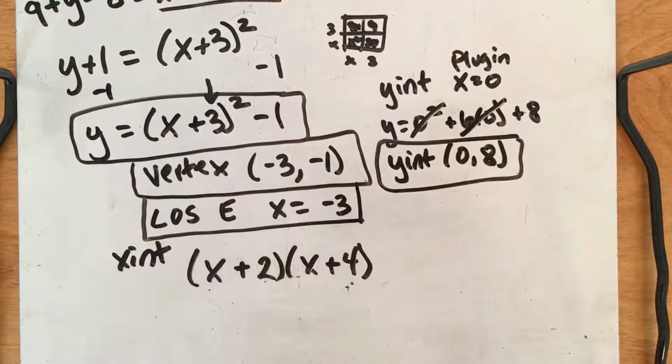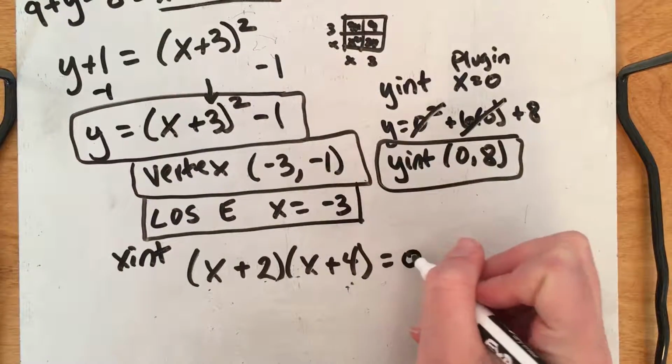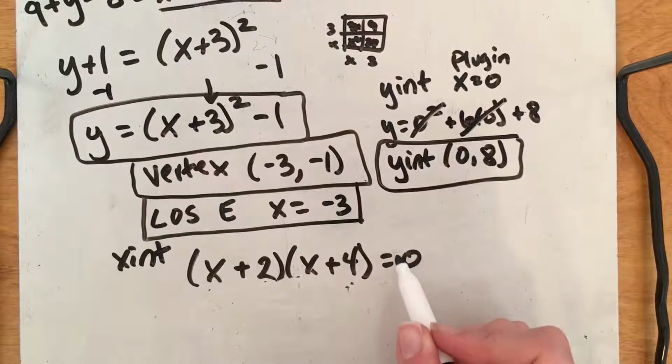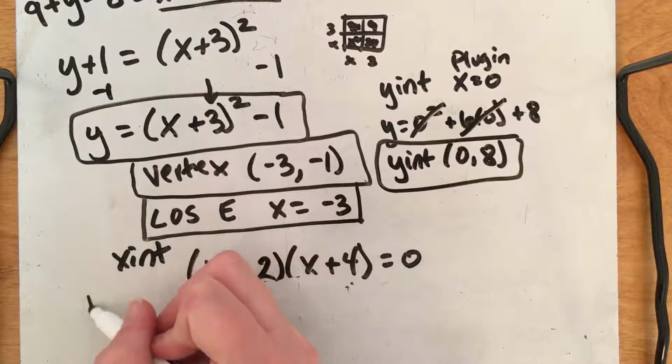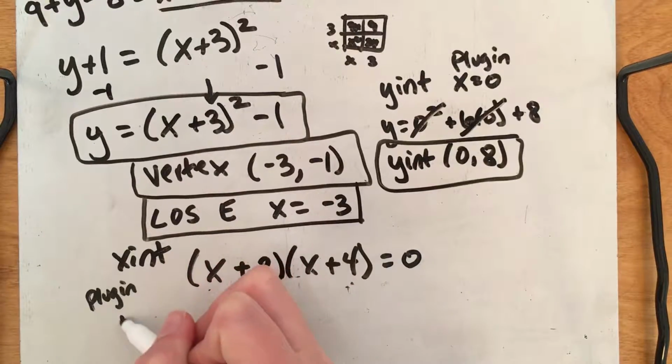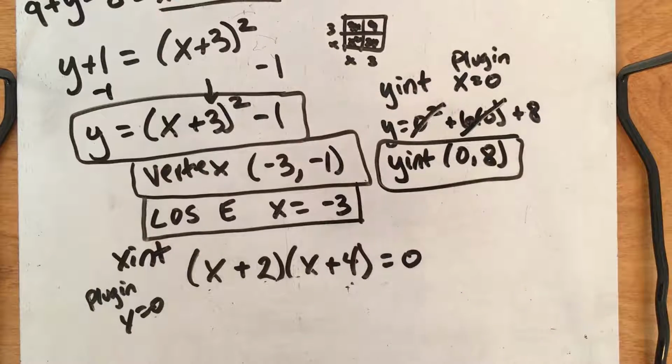It is factored correctly. Now I want this to equal 0 because for my x-intercept, I want my y to be 0. Plug in y equals 0. So just like we did with the y-intercept, I'm plugging in the opposite letter to be 0. So I set this equal to 0. In order to do that, either this quantity has to be worth 0 or this one. Right? Something times 0 would get me 0.